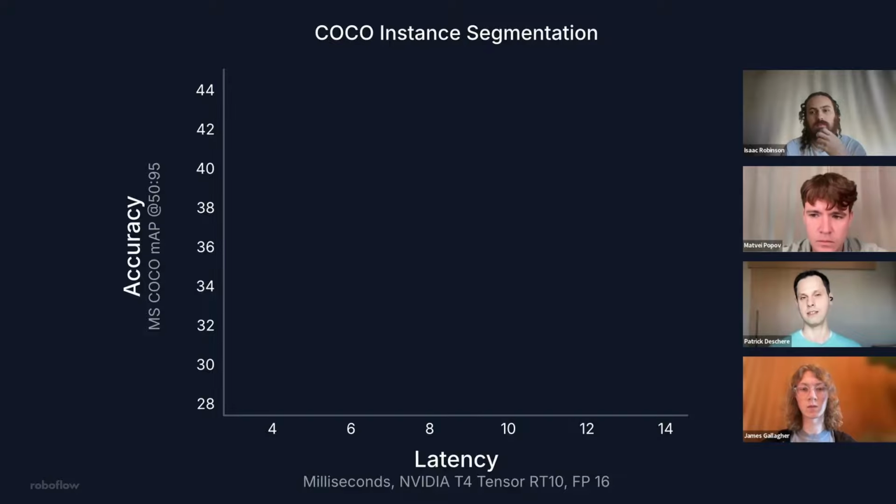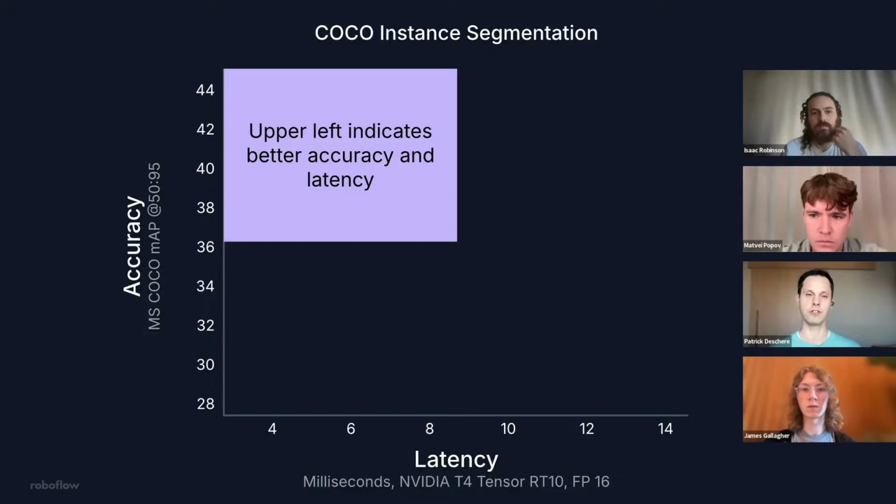With these kinds of charts, usually referred to as Pareto charts, you want to see data points that are typically in the upper left side, as that would indicate a better mixture of accuracy and latency. Generally, the higher you are up in that quadrant, the better the performance is.